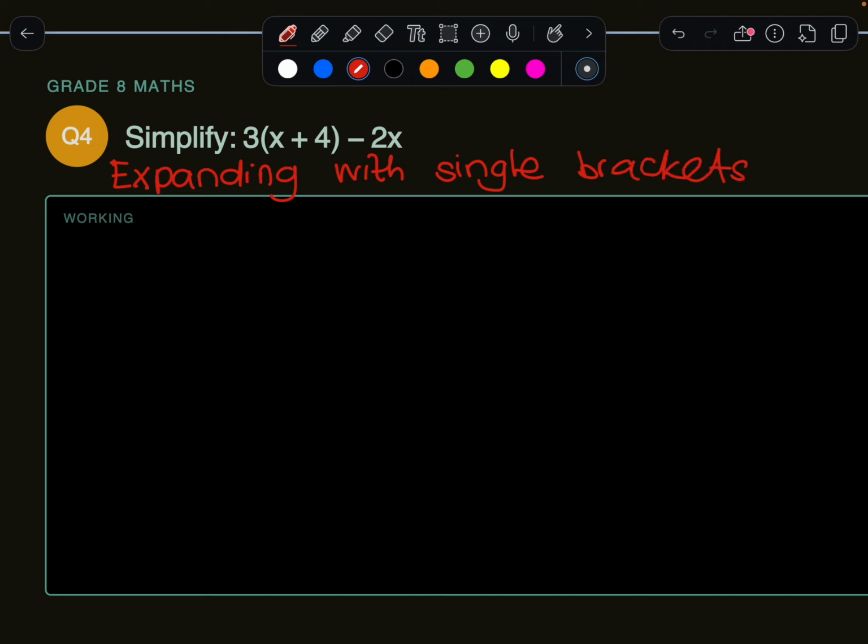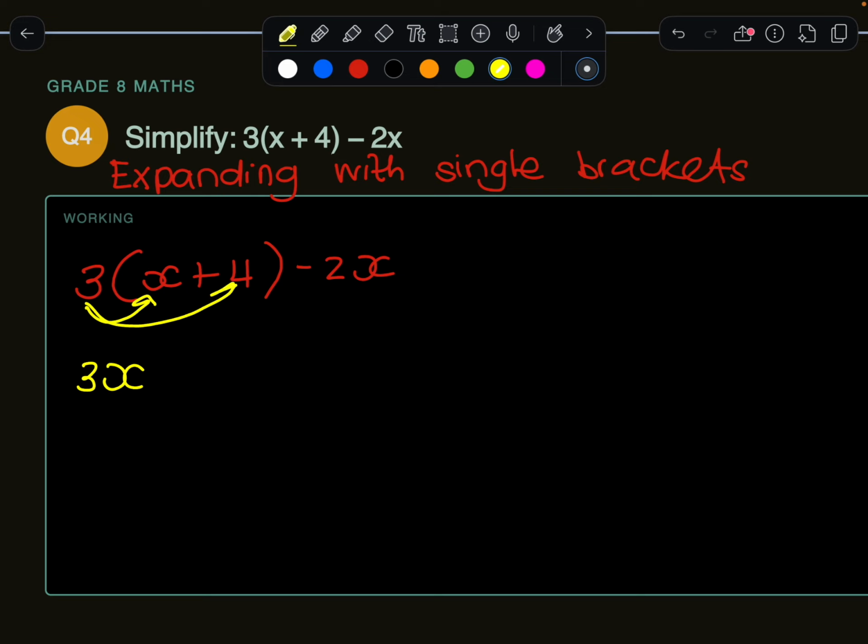All we have is 3 times the bracket x plus 4, minus 2x. We can't simplify it until we get rid of this bracket, so we're going to multiply out the bracket. 3 times x is 3x, and 3 times 4 is 12. And then we've still got the minus 2x on the end.